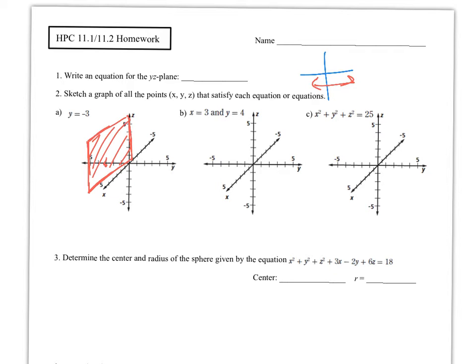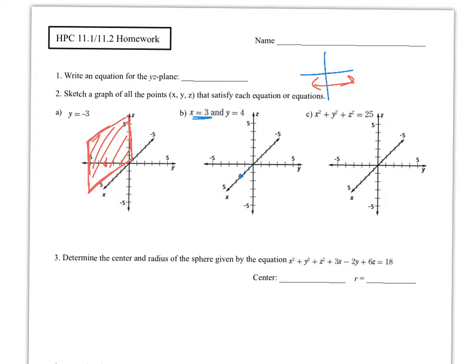Then in part B, we have two equations that we want to represent at the same time and see what that looks like. So we're combining x equals 3 and y equals 4. Think about what that would mean. We're talking about planes. x equals 3 would be a plane through x equals 3, so 1, 2, 3 right here.